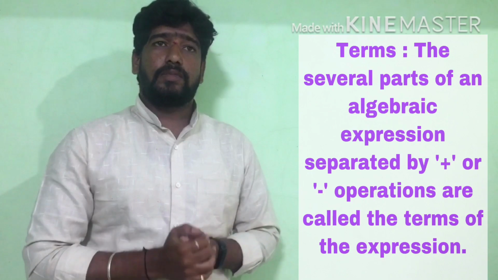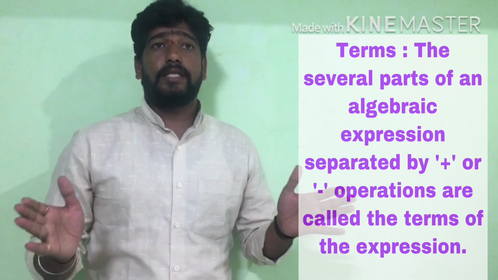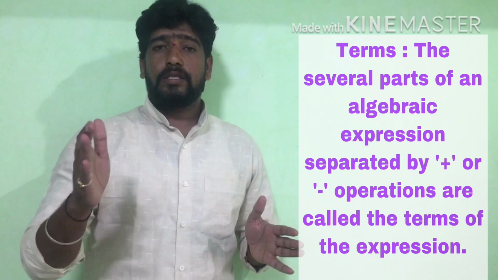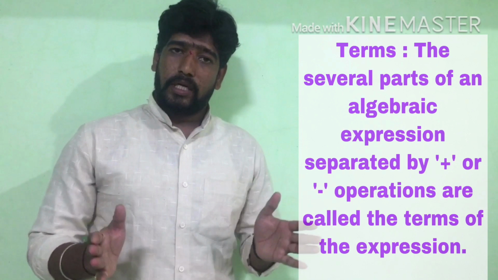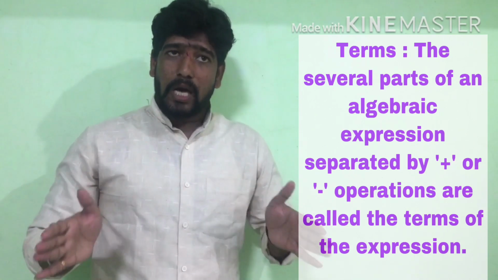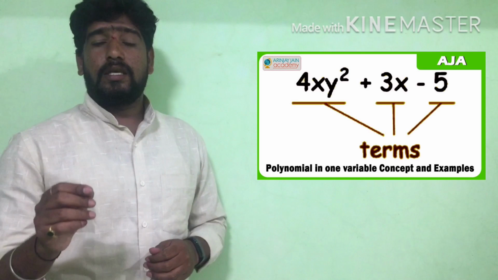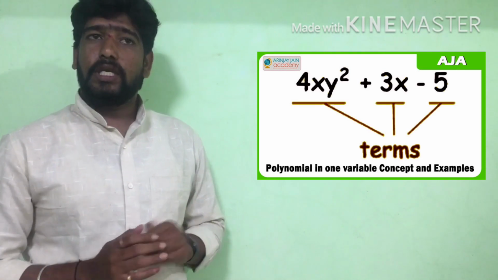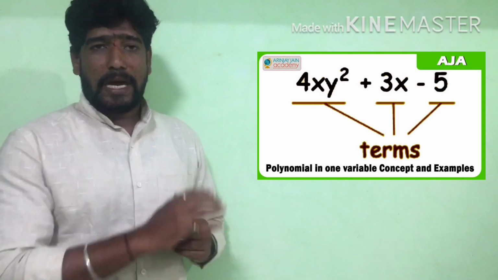Next one, terms. What are terms? The several parts of an algebraic expression separated by addition or subtraction operations. In an algebraic expression we are connecting, and in terms we are separating. Take our example 4xy square minus 3x minus 5. The constant is there and the variable is also there; it is an algebraic expression.